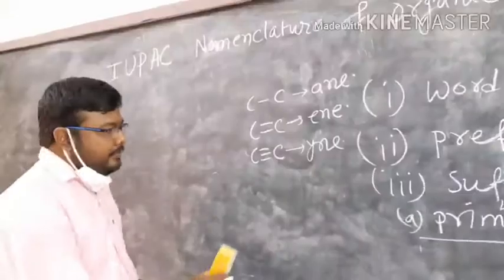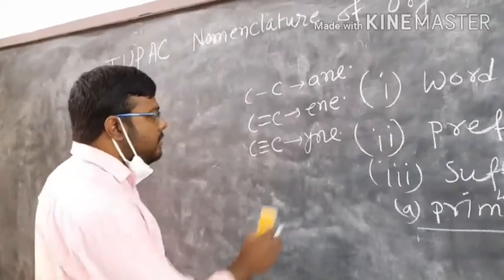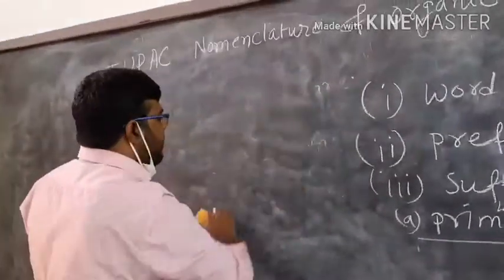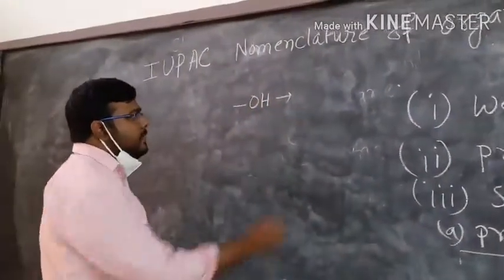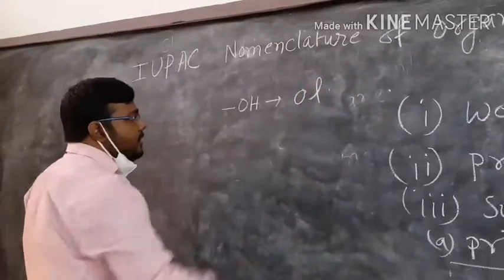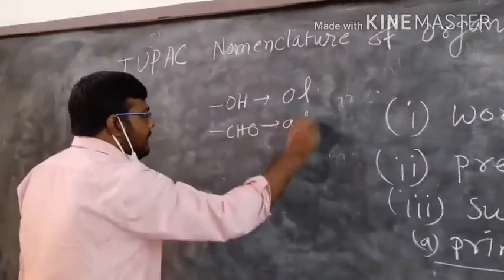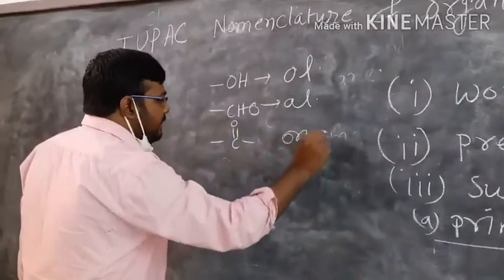Now the secondary suffix indicates the functional group, if present in a compound. If OH is the functional group, you use the suffix ol. For CHO, al. For CO, it is one.